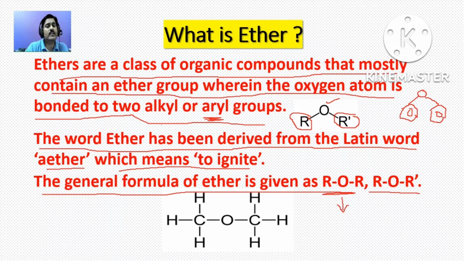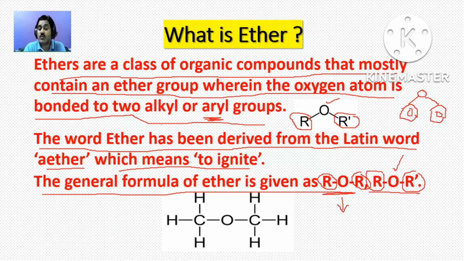Symmetrical ethers. What are symmetrical ethers? Symmetrical ethers are those ethers in which the alkyl groups are identical, or we can say the alkyl groups are the same. Similarly, unsymmetrical ethers are those in which the oxygen atom is bonded with two different alkyl or aryl groups.